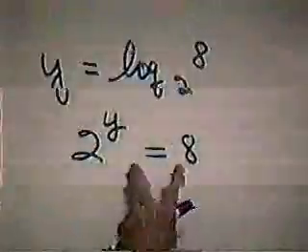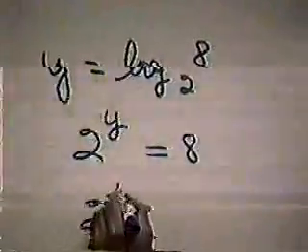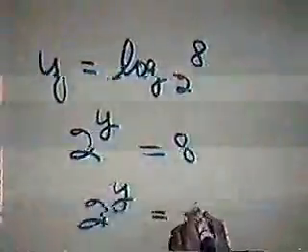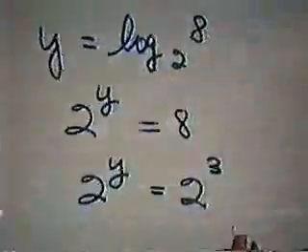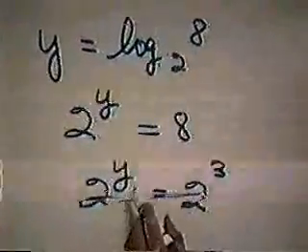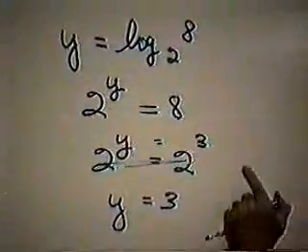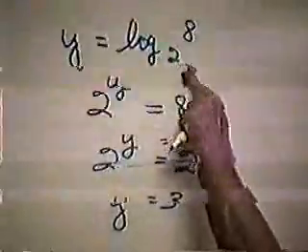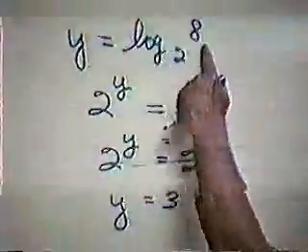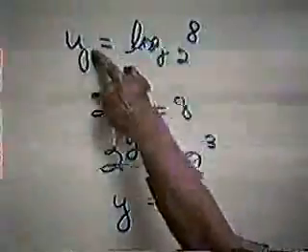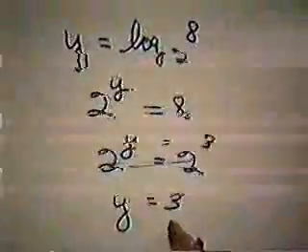That's to get the bases the same. So this is 2 to the y power, and 8 is 2 cubed. Now that we have the bases the same, the answer is y is equal to 3. The other method is to reason it. 2 to what power equals 8? The answer is 3.